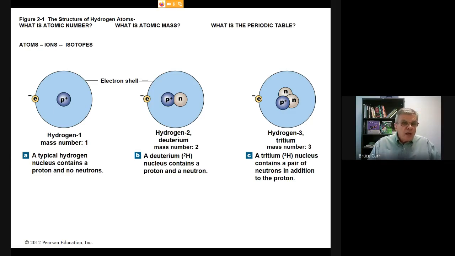That electron shell has a specific energy level, and it has a specific shape. But these 3 drawings represent our first element, or atom, the atom that we call hydrogen. The left form is the balanced form because there's 1 proton and 1 electron, 1 plus, 1 minus. Its net charge is 0. And this is what we call hydrogen.